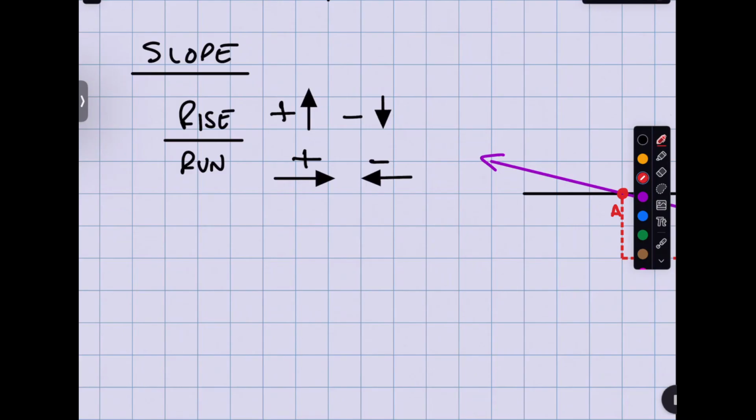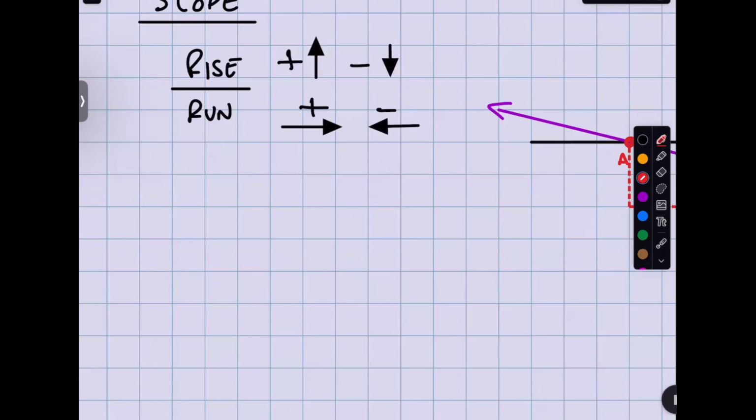Now, is there a formula for slope? Do you guys remember that? So if you remember rise over run, rise is the change in y value over run, the change in x value. So if you remember rise over run, then you should remember this. Now here's the thing, guys. I want you to understand something.